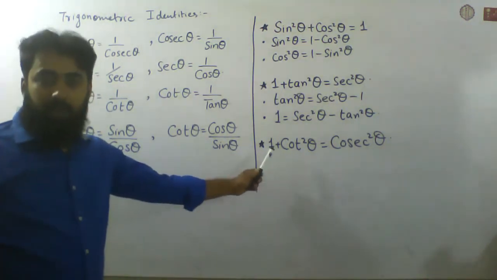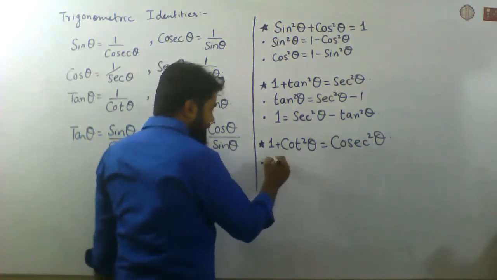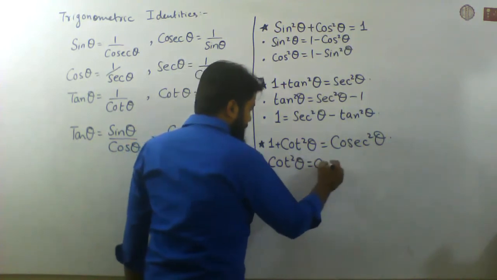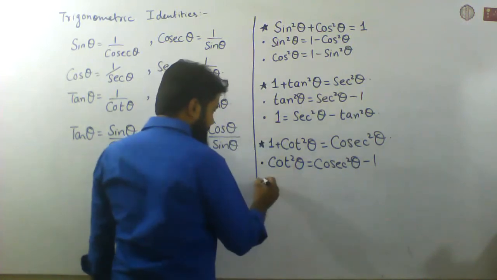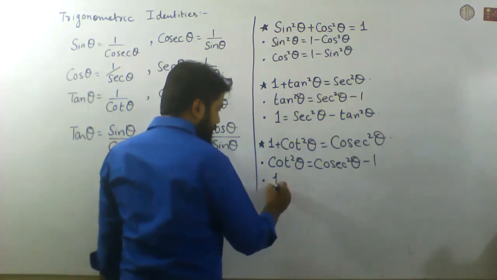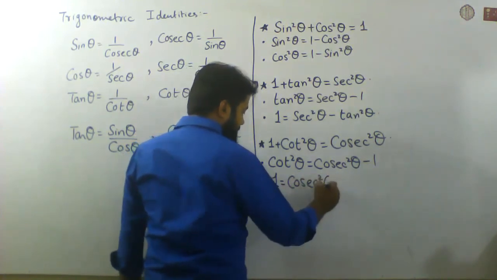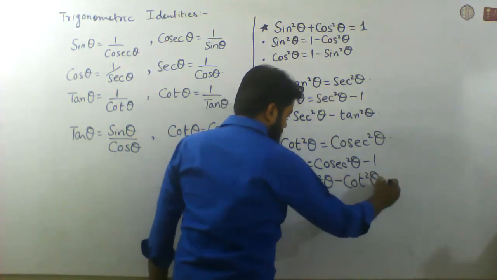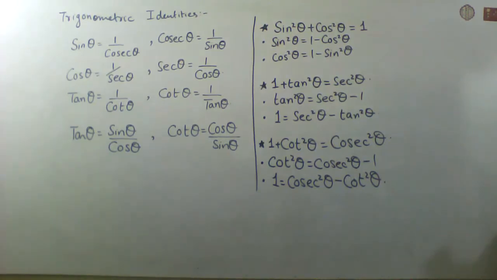That is my third squaring identity, and its variations are cot square theta equals cosec square theta minus 1, and 1 equals cosec square theta minus cot square theta.